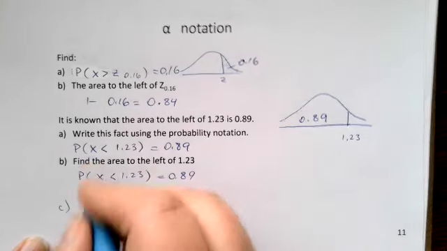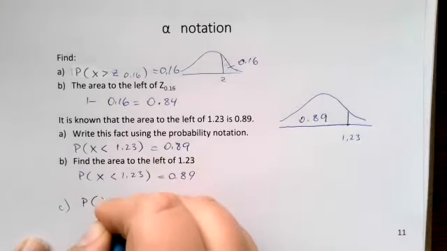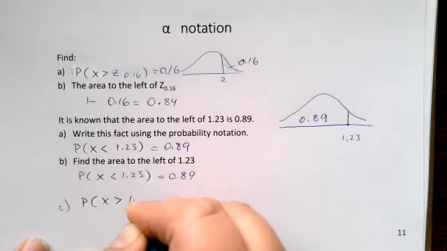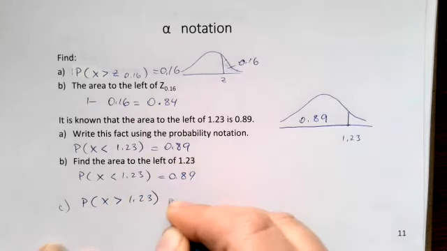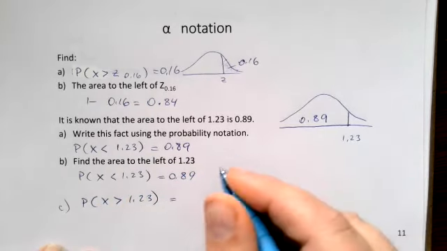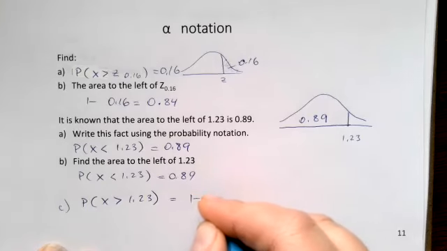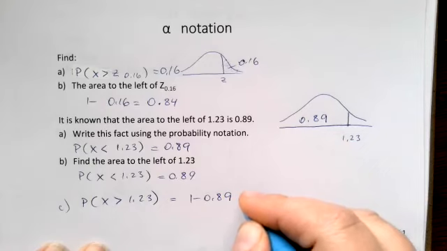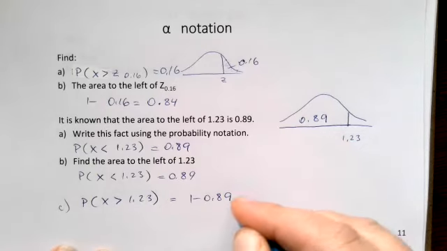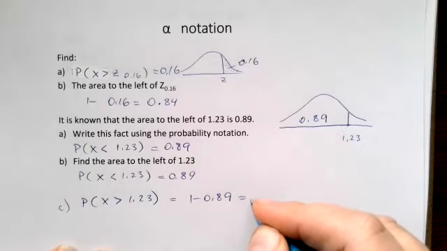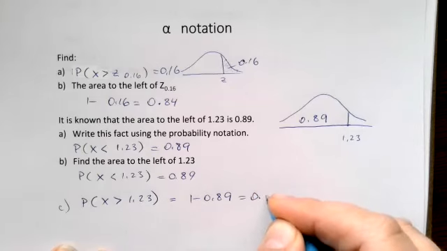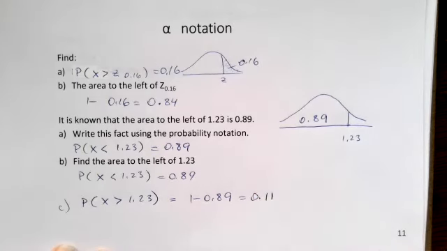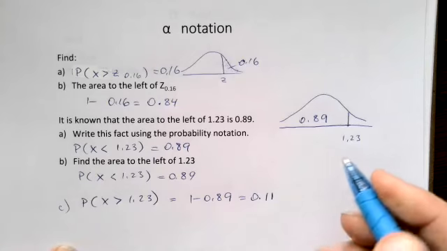Let's find the probability that x is greater than 1.23, and that's going to be 1 minus 0.89, which is 0.11.